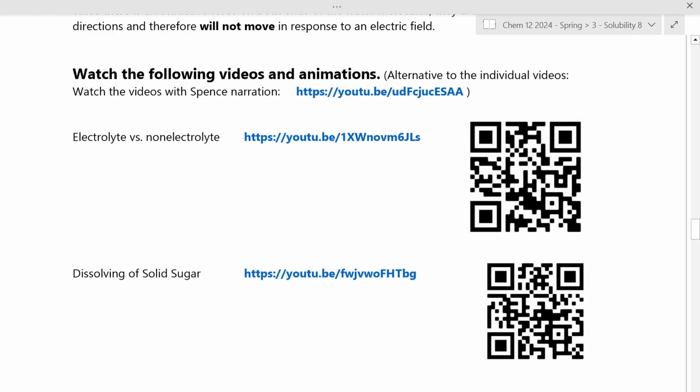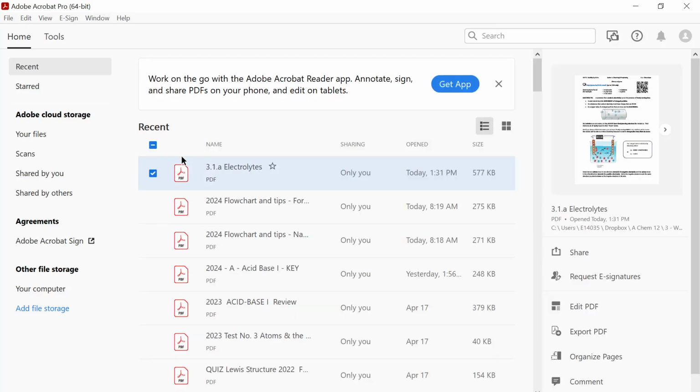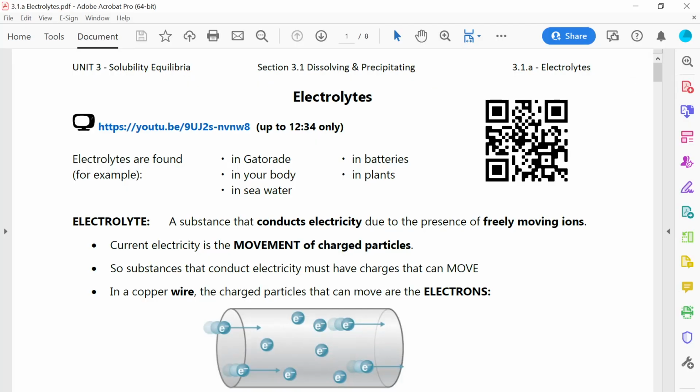Yes? Okay, let's watch the dissolving of solid sugar. Ugh. Mouse. Come here. Okay, here we go.